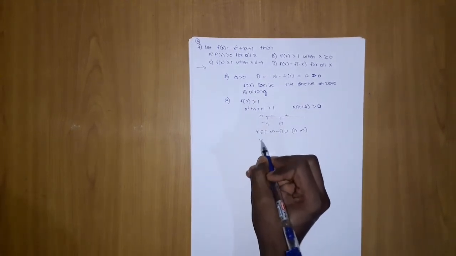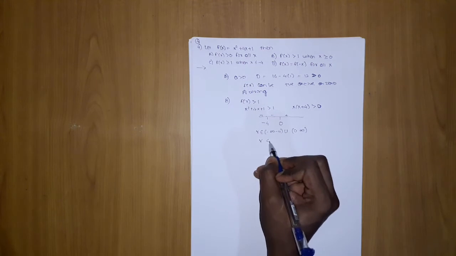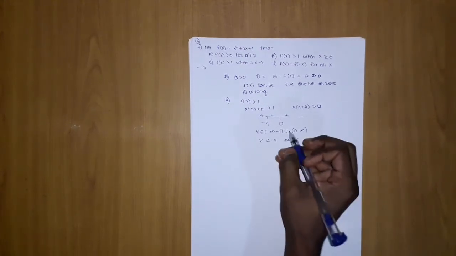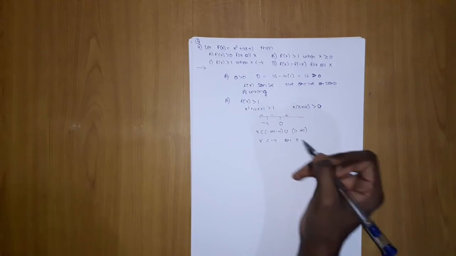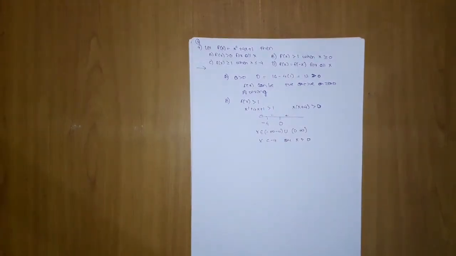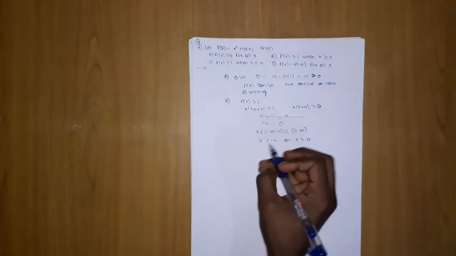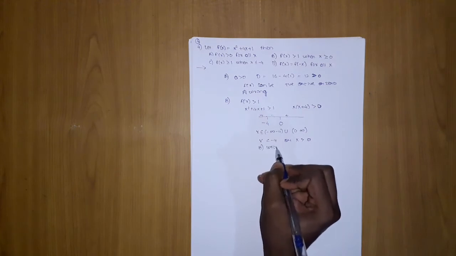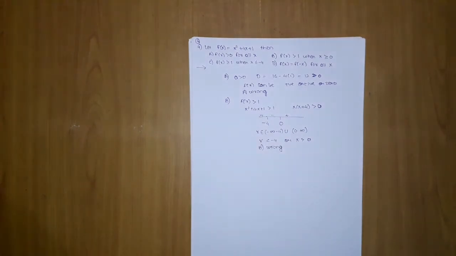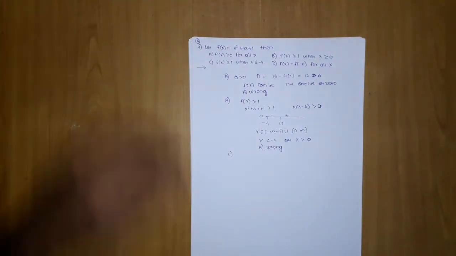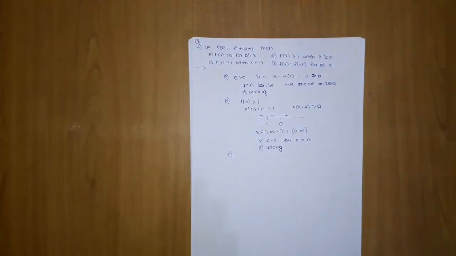So here x is either less than minus 4 or x is greater than 0, but here they have told it should be greater than or equal to 0, which is not possible. So B is wrong. Just see, even the slightest difference matters when it comes to JEE advanced level questions.